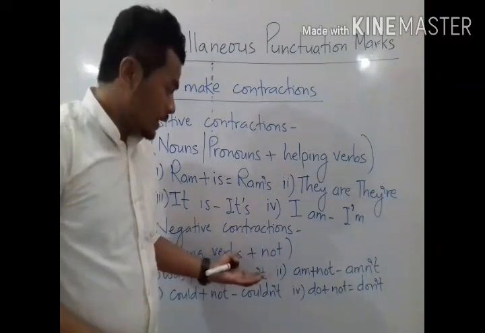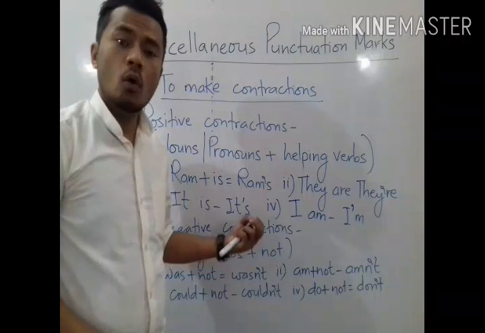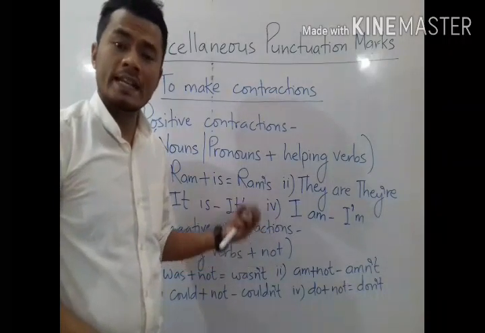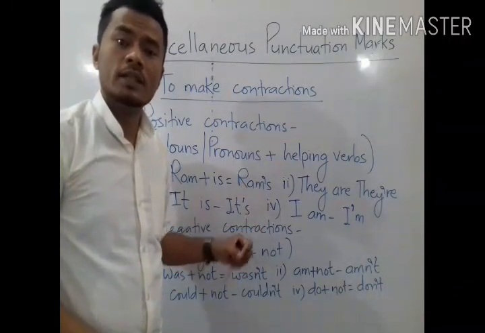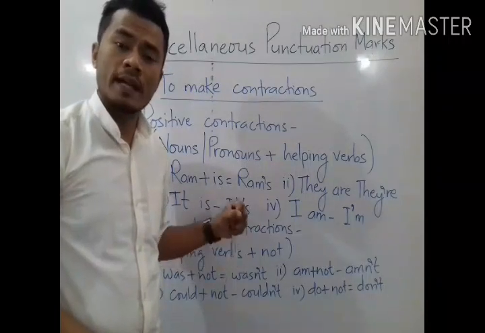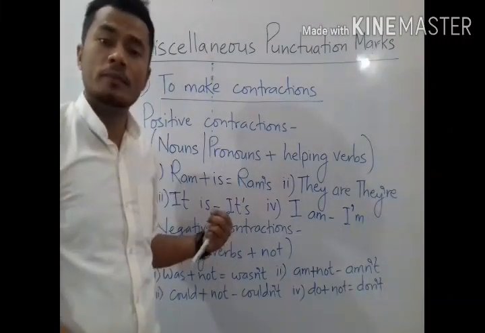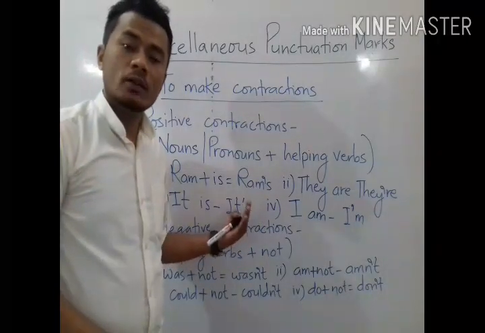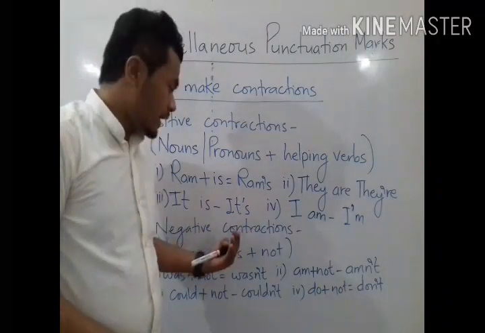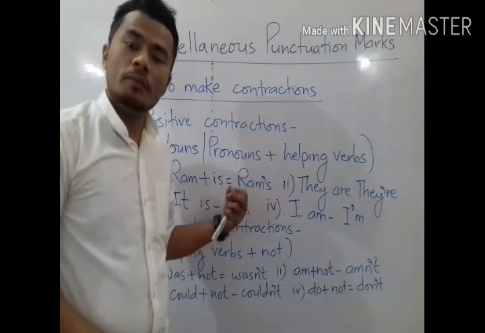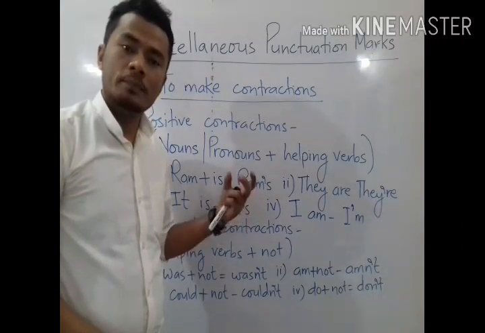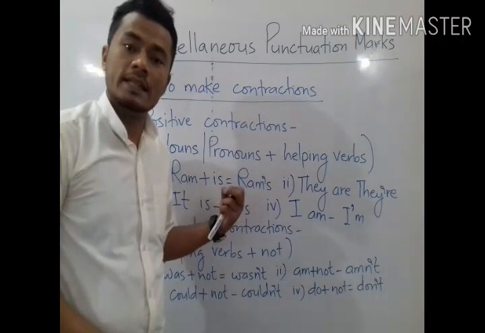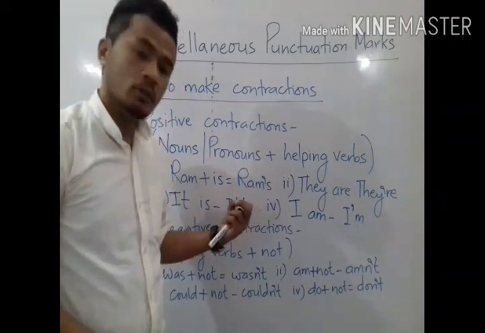So here I remove o from not, and in place of o I will put an apostrophe and I will make one single word from these two words. Was plus not, wasn't. Its pronunciation also changed. It becomes one word, was and apostrophe t, wasn't.